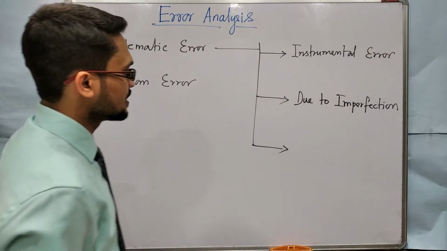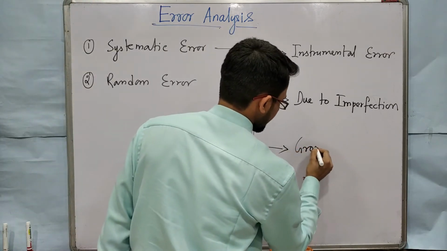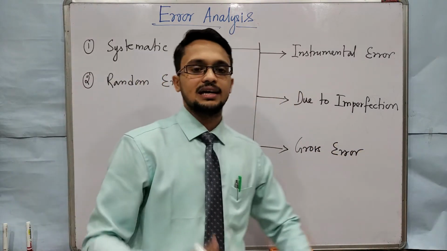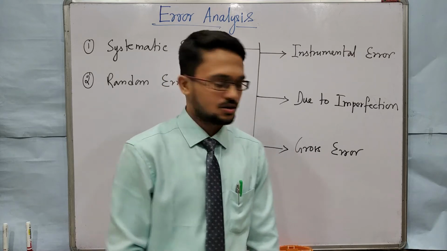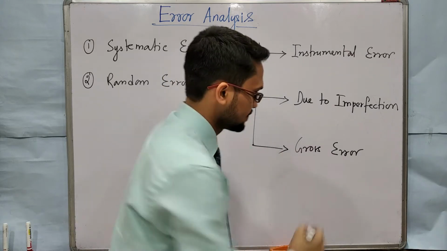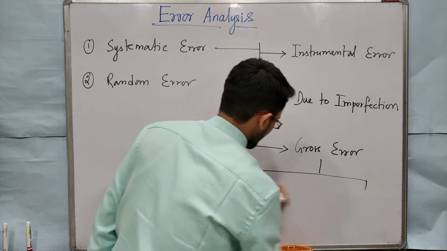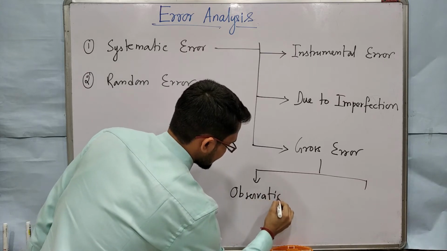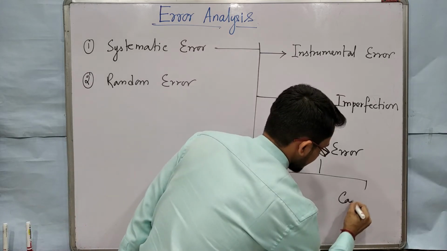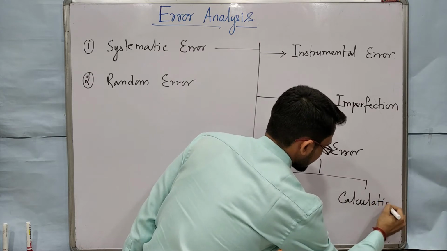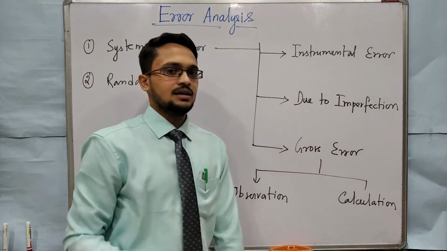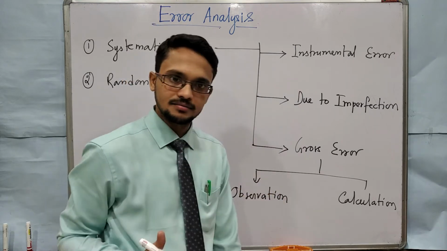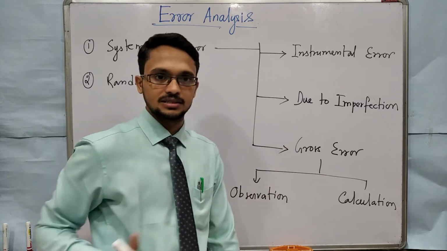Understand? And third one is gross error. Gross error means after doing the experiment and after calculation. Inside this gross error there are two parts: observation, and second one is calculation or computation. When we take the reading from the experimental setup, there will be some error, that is the observation error.